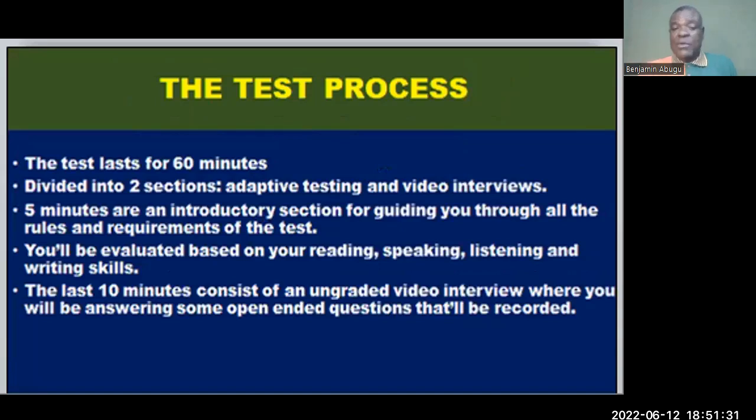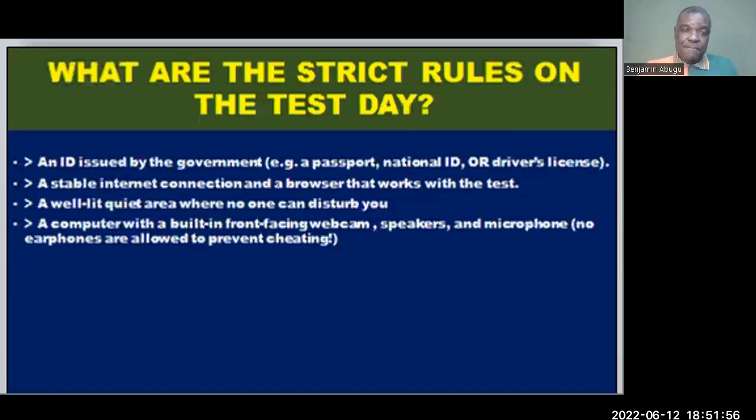Then you'll be evaluated based on your reading, speaking, listening, and writing skills during the 45 minutes adaptive test. Then the last 10 minutes will be for the video interview, where you'll be answering some open-ended questions that will be recorded, okay? So that's the process.